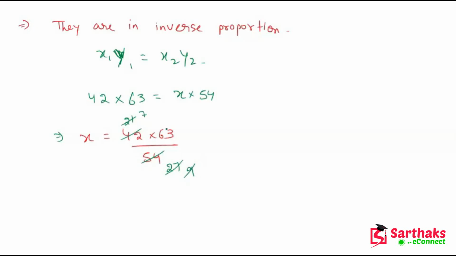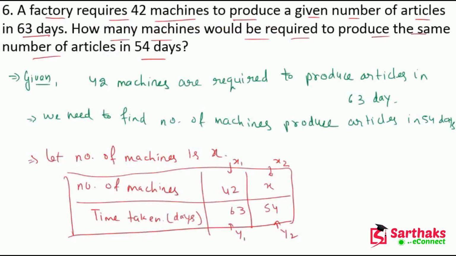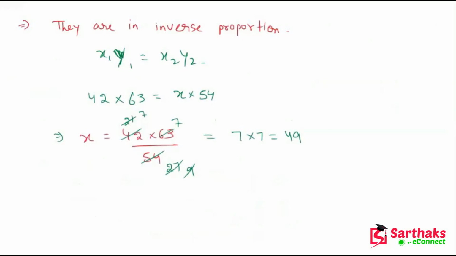And we can divide 63 by 9 to get 7. So here we get 7 into 7, which will be 49. So we require 49 machines to produce the articles in 54 days.